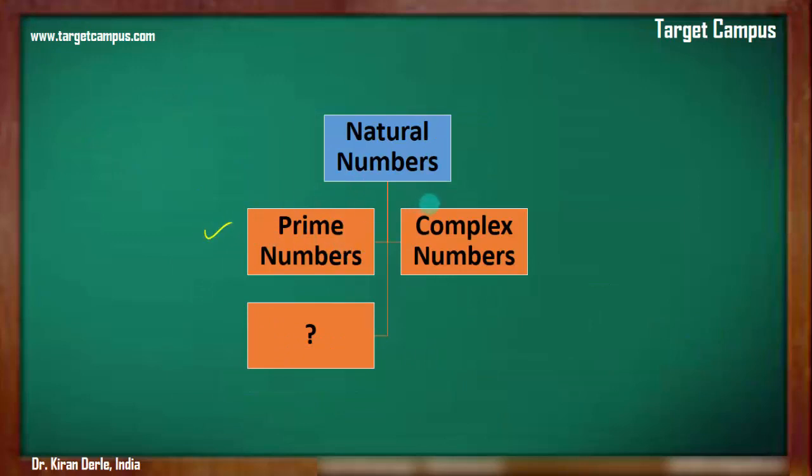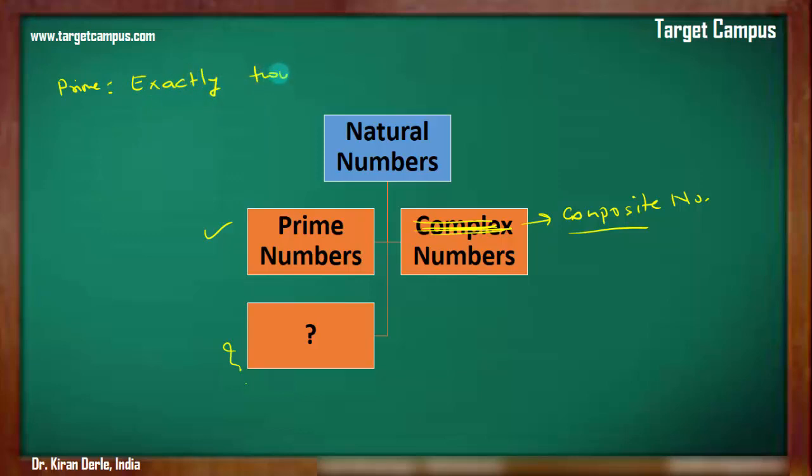Prime numbers, composite numbers, sorry for this mess. What are prime numbers? Prime numbers, let's write here, are numbers having exactly two factors.